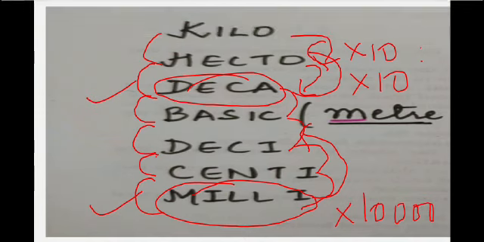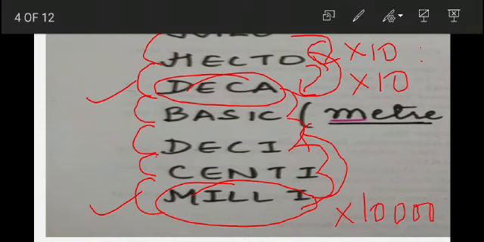Similarly, suppose you want to convert hecto into centi, then again check the number of units. It will be hecto to deca 1, 2, 3, 4. Again you are going to multiply it by 10,000, that is 1 with 4 zeros.